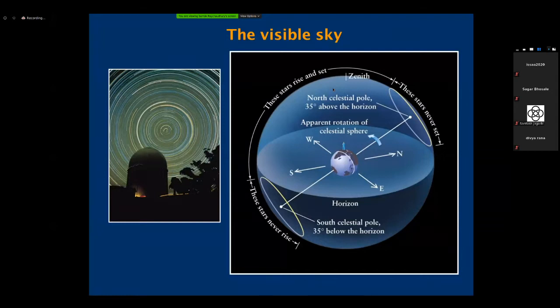Hello, sir. Yes. So, sir, my question is about how do we come to know about the different arms of our own galaxy because we are looking sideways at it. So, how do we point out these arms of our own galaxy? Very good point.